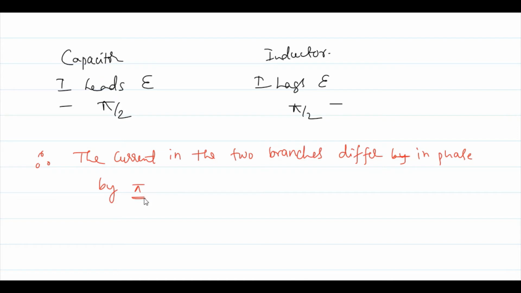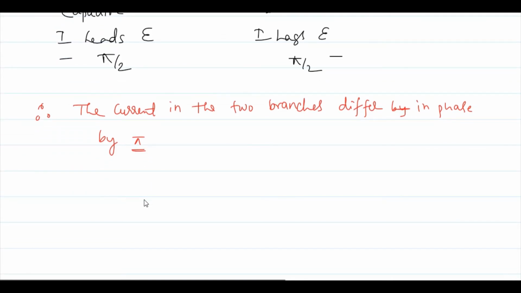The total current IT flowing in the whole circuit is the vector sum of IL plus IC.